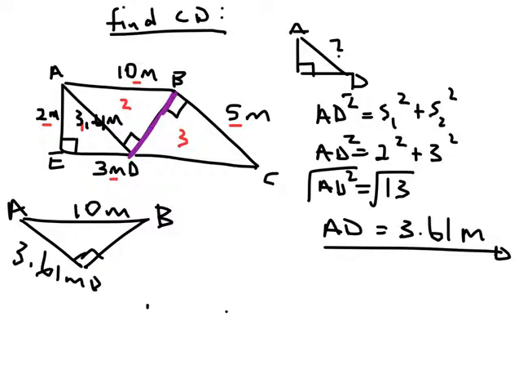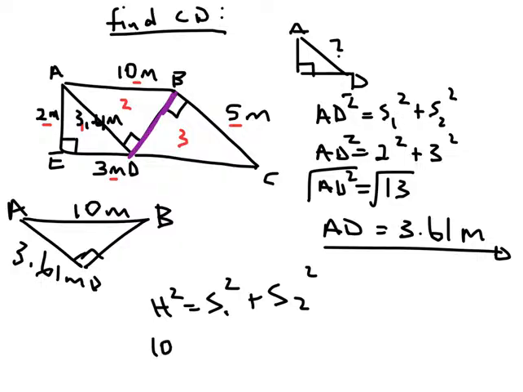I'll just calculate. Okay, it's fine. I will just say the hypotenuse squared equals side 1 squared plus side 2 squared. Let's see. Okay, then it's fine.